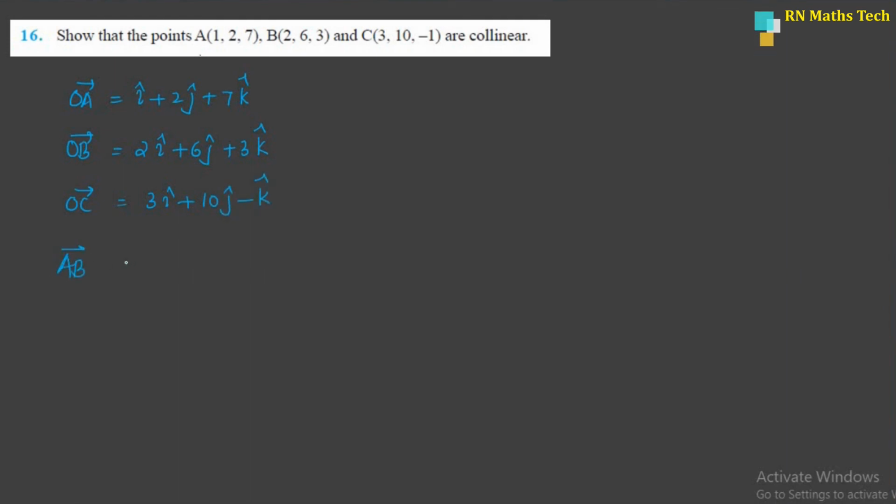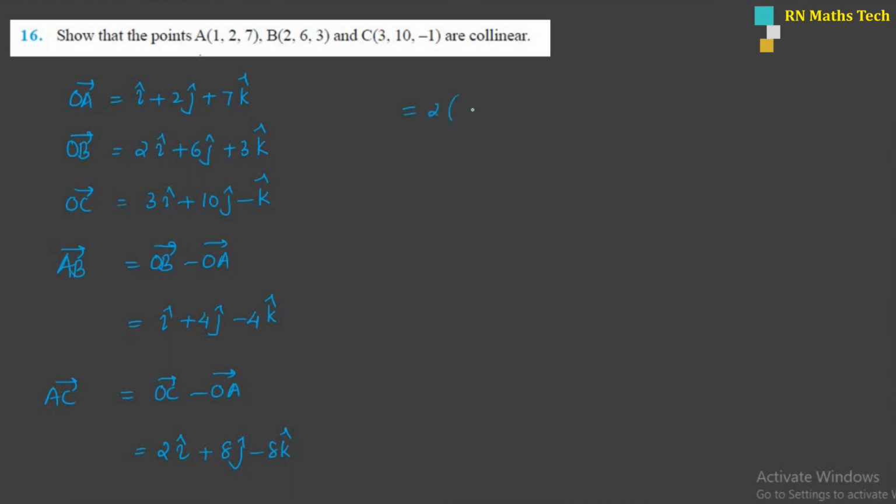Now vector AB equal to OB minus OA, that is i plus 4j minus 4k. Now vector AC is OC minus OA, 3i minus i, 2i, plus 8j minus 8k.